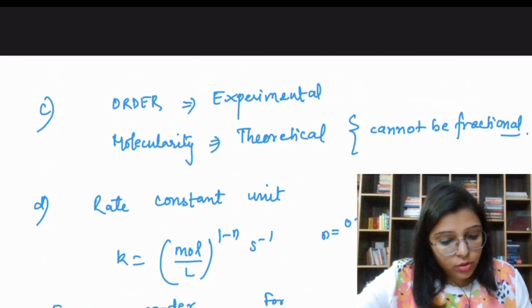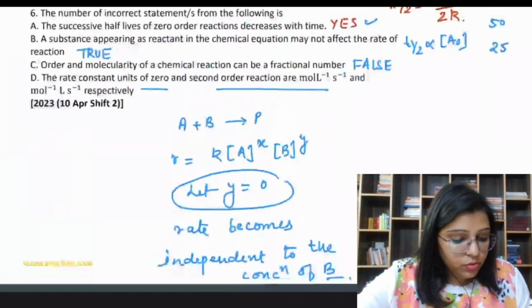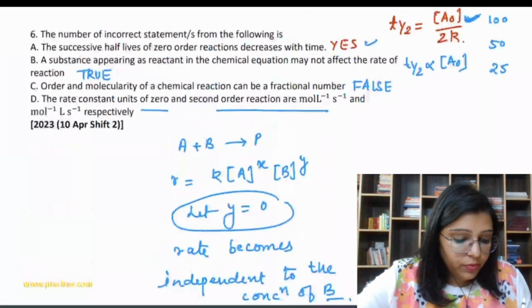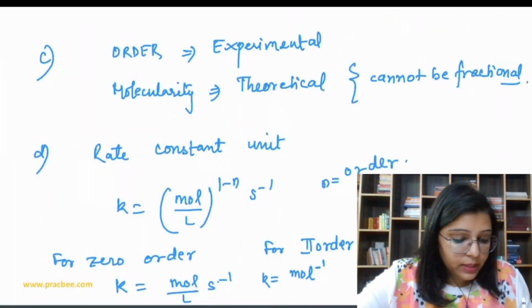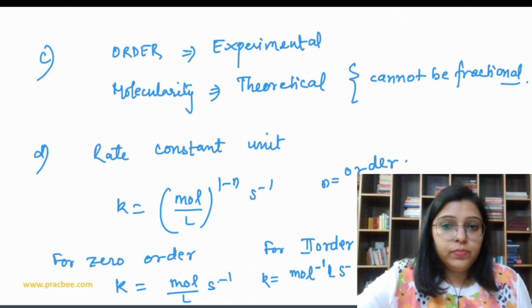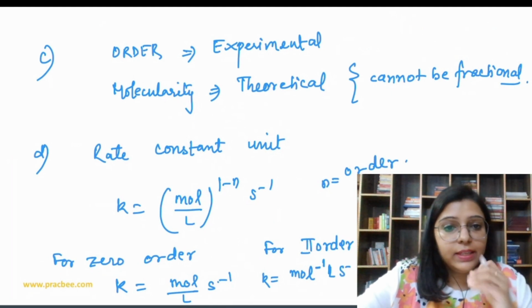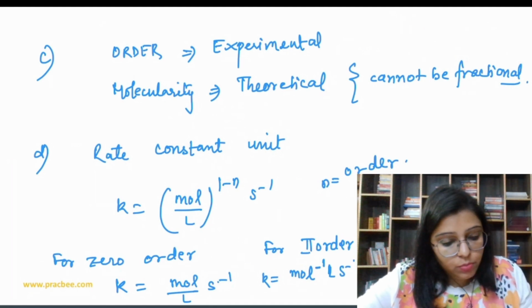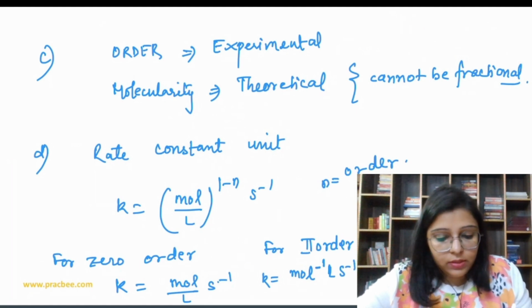And for second order, the unit of K is mole minus 1 liter second inverse. ठीक है. So it says mole per liter per second, right? And mole minus 1 liter second inverse, this is true.